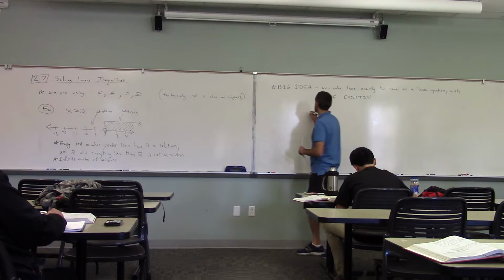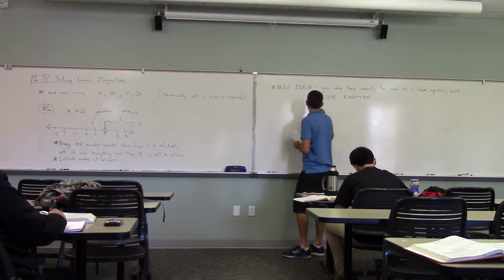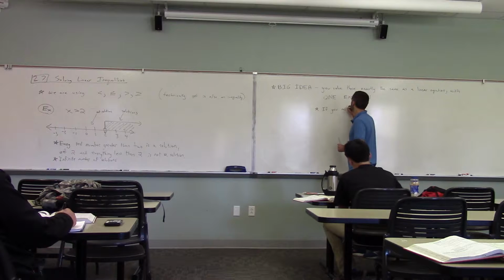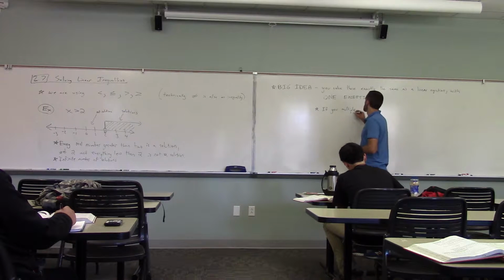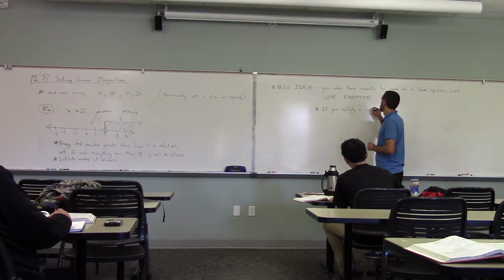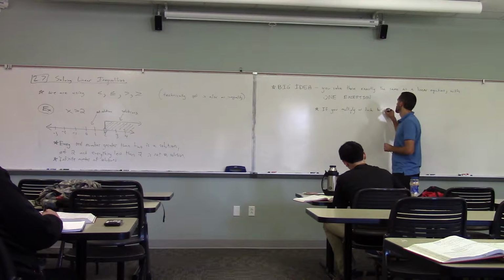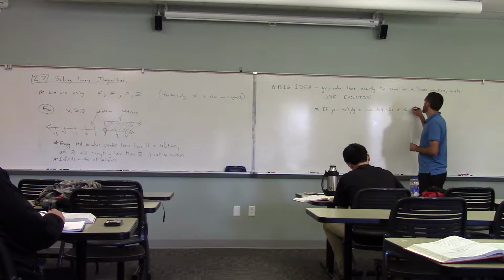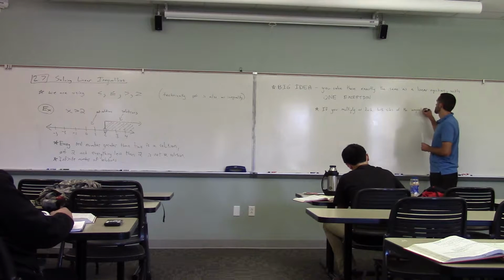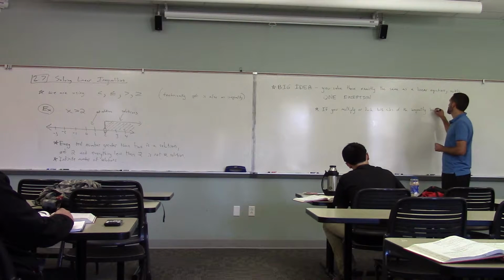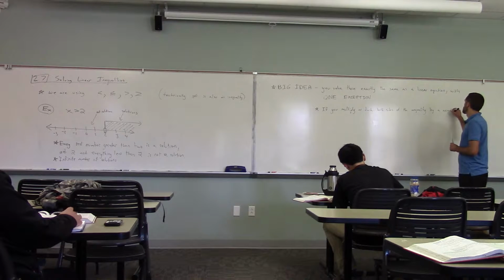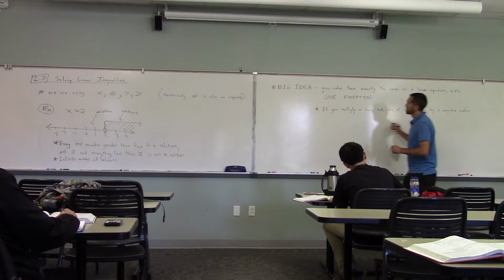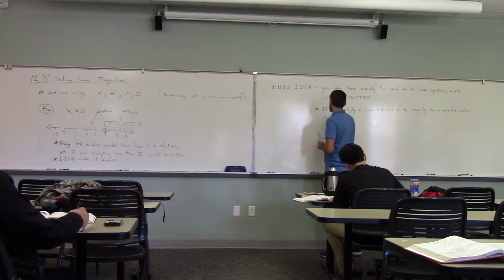Okay, and that exception is, if you multiply or divide both sides of the equation, inequality, by a negative number, the inequality sign changes direction.